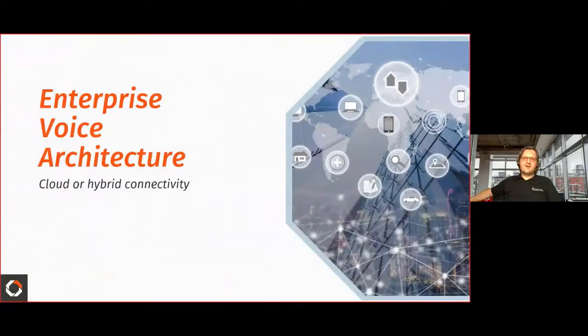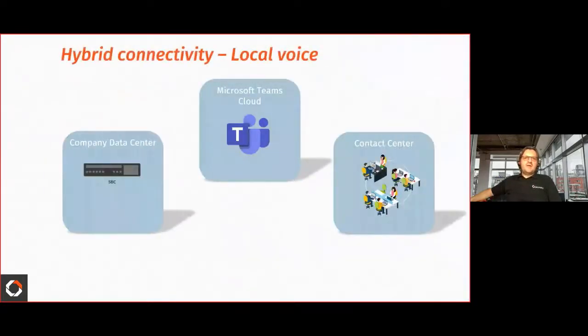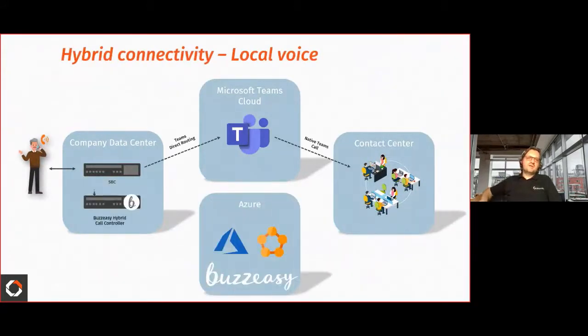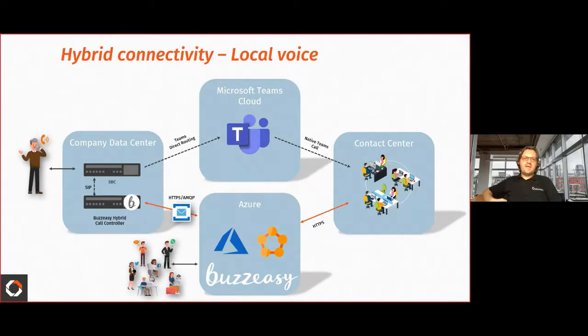We're running out of time, but I think we have a few minutes to talk about the enterprise voice architecture. Let's start with the hybrid mode. For those who are reluctant to send their voice traffic to someone else, we can have a hybrid call connector, and in this case, all we need is Azure Service Bus connectivity.